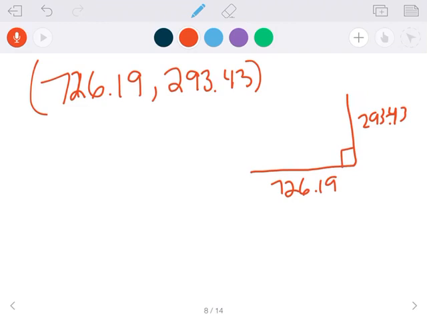But what we want to find is the actual distance it's traveled, because it's not traveling the path of the triangle, it's traveling the path of the hypotenuse. So we did this in the first video, but we basically just need to use the Pythagorean theorem to find our hypotenuse. And that will tell us the speed of the plane.